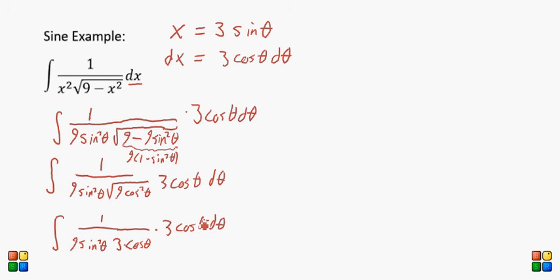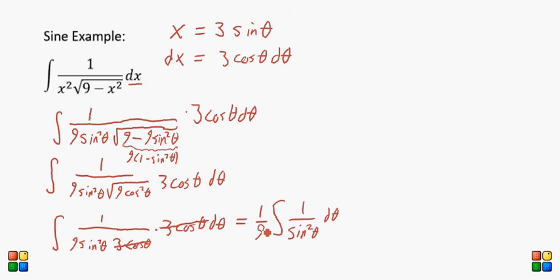And because I have a 3 cosine theta here and 1 in the denominator, this simplifies down to 1 over 9, and I can take that out of the integral if I like. We have 1 over 9 times 1 over sine squared theta d theta.